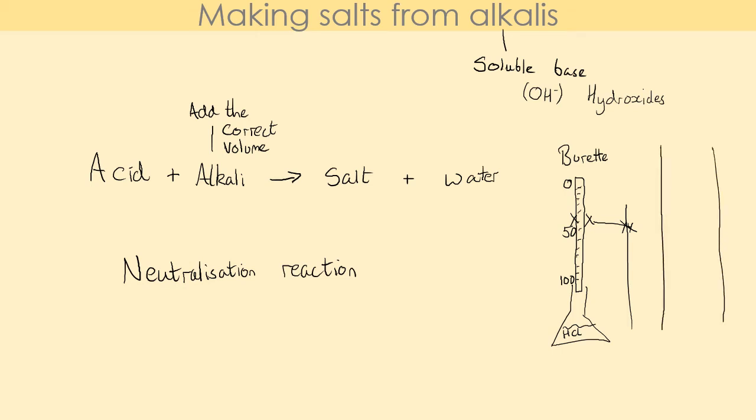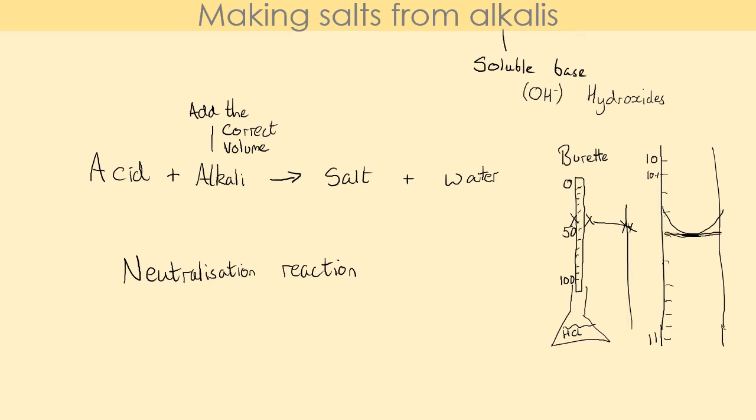If we look at one here, we've got our values there, so we'll go from 10, 10.1, 2, 3, 4, 5, 6, 7, 8, 9, to 11. So each one of these graticules is 0.1 milliliters. The meniscus is the bottom part here, and that's where we need to read from.